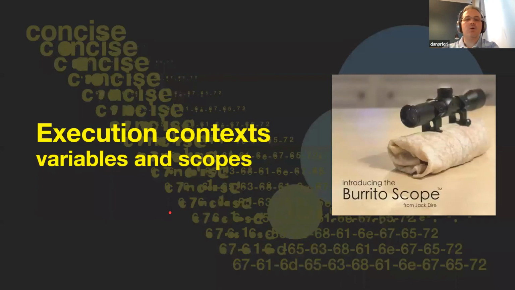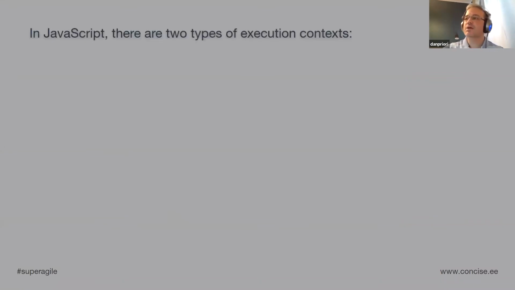So now let's take a look at execution context with variables and scopes. In JavaScript, there are two types of execution contexts. First, we have a global context. It's created when a JavaScript process is launched. Second, we have the local context, which is created when a function is invoked.